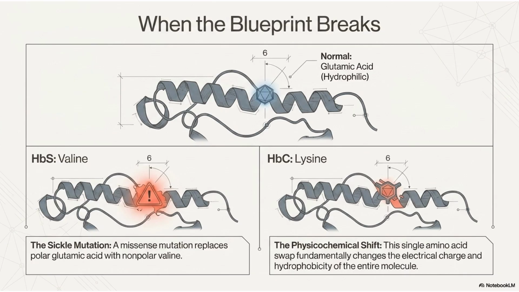That's it, one amino acid, one position. Yet those tiny substitutions completely change how the protein behaves. Why? Because amino acids aren't interchangeable. Each one has unique chemical properties. Glutamic acid carries a negative charge and interacts well with water.